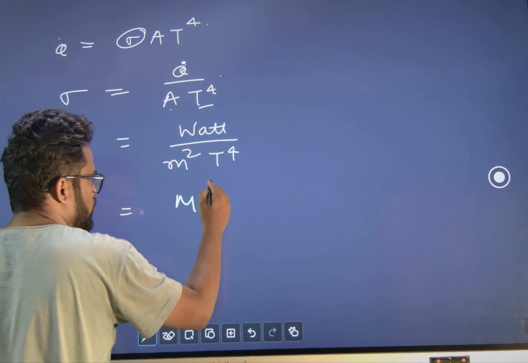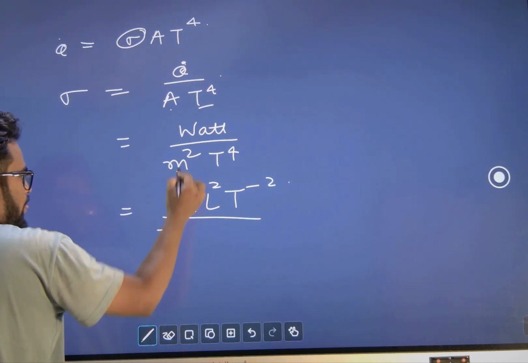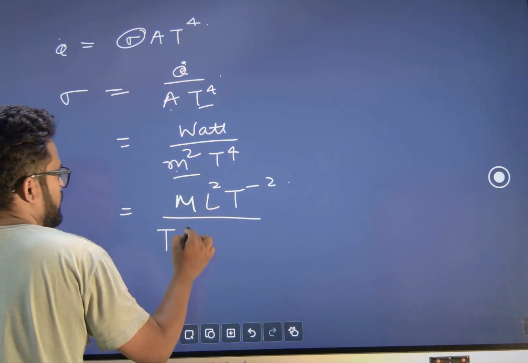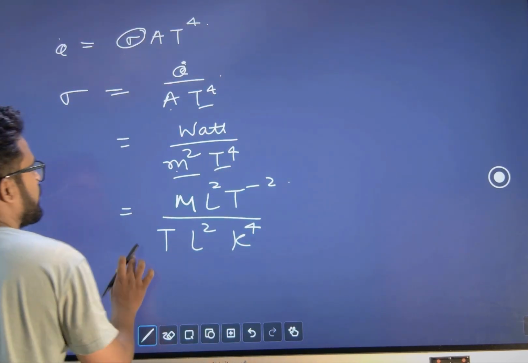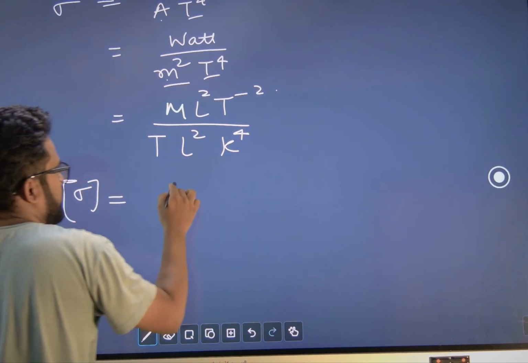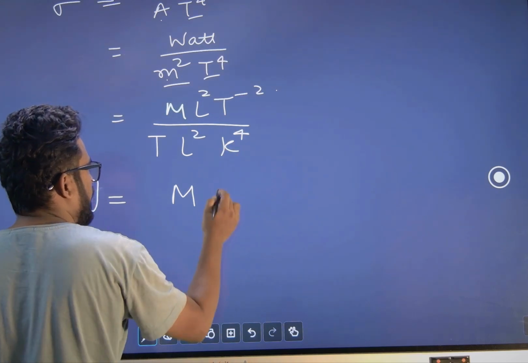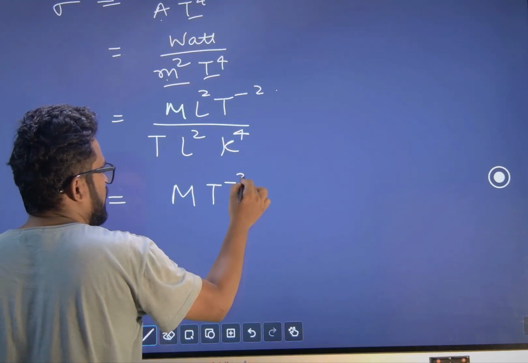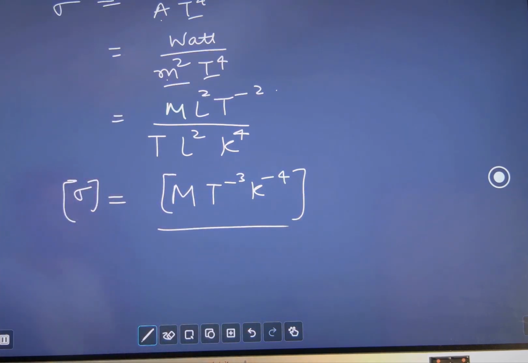So we can write ML2 T minus 2 joule per second, then area L square, and this is temperature, so K power 4. So sigma would become how much? L cancels, L cancels. MT minus 3 K minus 4. Okay. MT minus 3 K minus 4, the Stefan-Boltzmann constant.